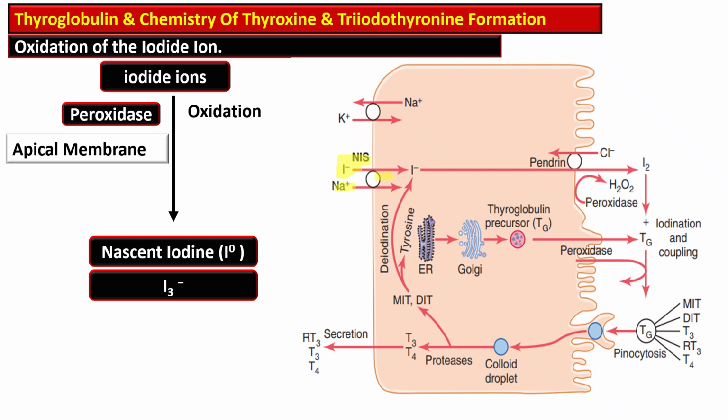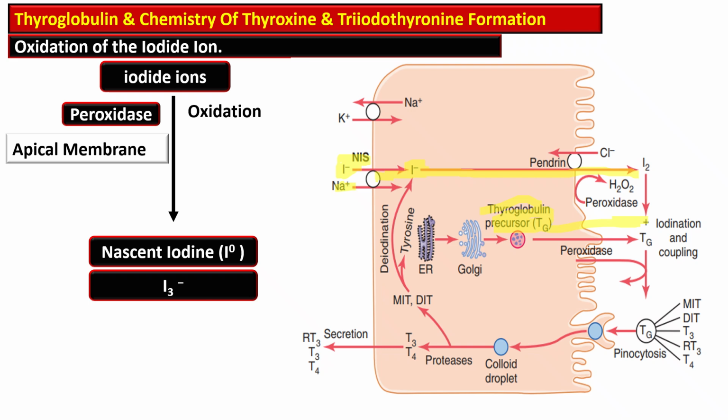The site of oxidation is near the apical membrane of the thyroid epithelium, right where the thyroglobulin enters the lumen.